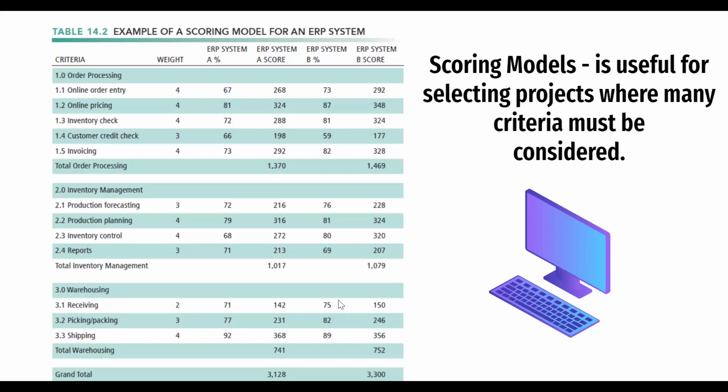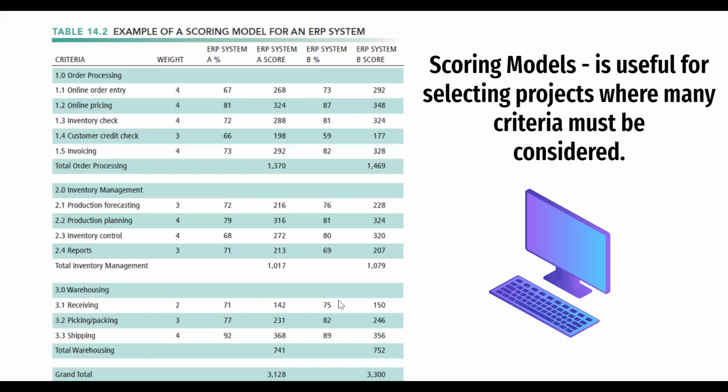The scoring model assigns weights to various features of a system and then calculates the weighted total. As you can see here in the first column, these are the criteria used to evaluate the system. These criteria are provided by the decision-making group.